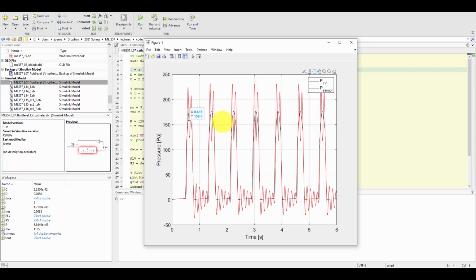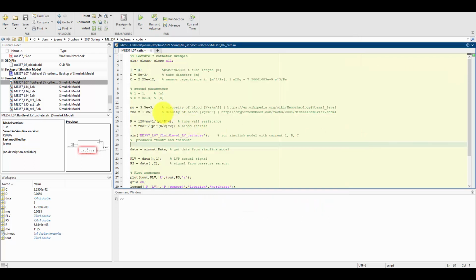Now, some things we might be able to do, thinking about how we are calculating this resistance and this inductance. Well, if R and L were smaller, if we have less resistance, less inductance, then it's more like we're going through this very smooth open tube, and it's not adding these extra delays and features into what we are reading.